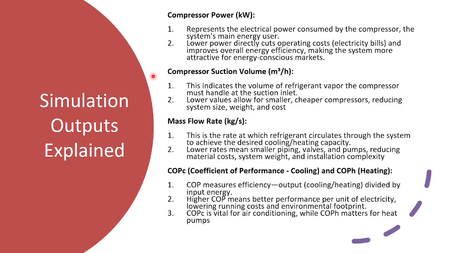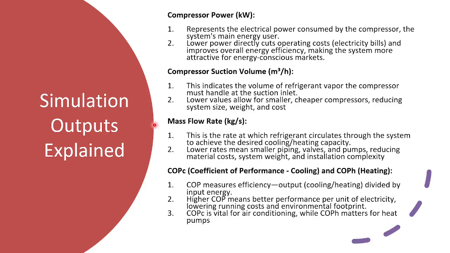Whereas high volumes necessitate larger compressors, raising manufacturing and maintenance expenses. So it ties into system design. Mismatched volumes can cause inefficiencies or failures, so it's critical for scalability and retrofit compatibility.